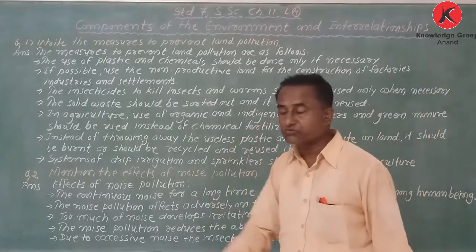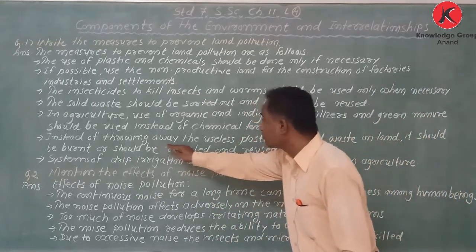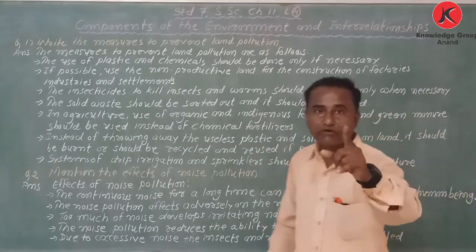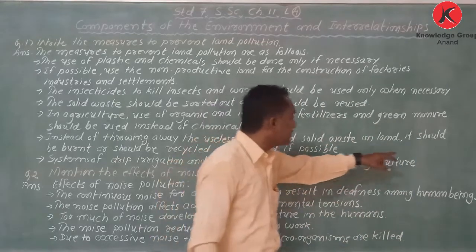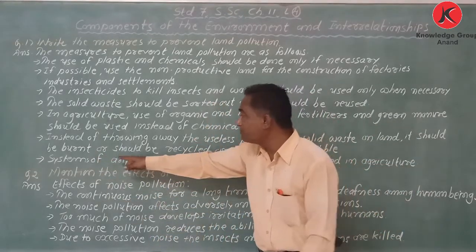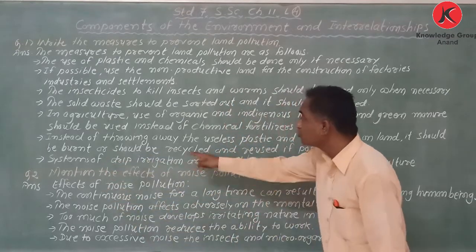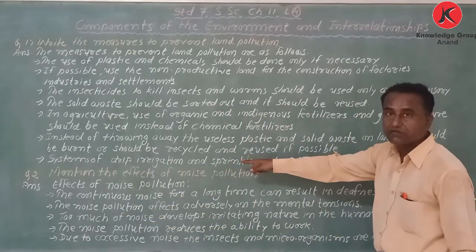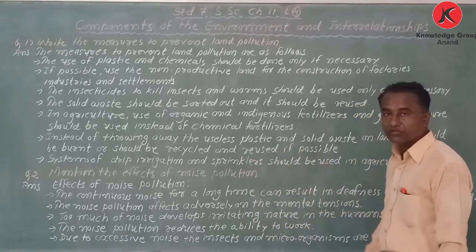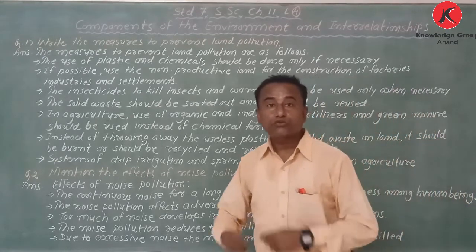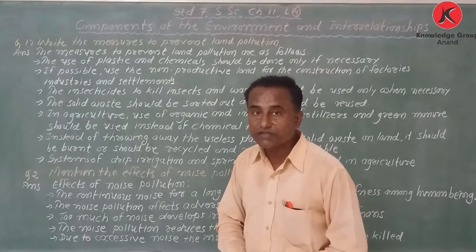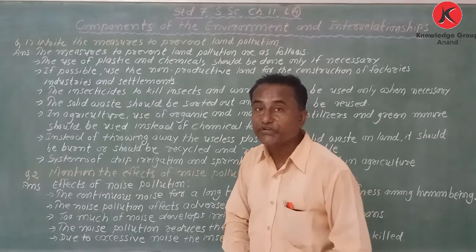Once again, my dear student, what is written here? Throwing away the useless plastics and solid waste. What we have to do? Number one, it should be burnt. It should be recycled, and third option, reused. We are throwing plastic bags and other waste everywhere. Because of that, land is polluted.